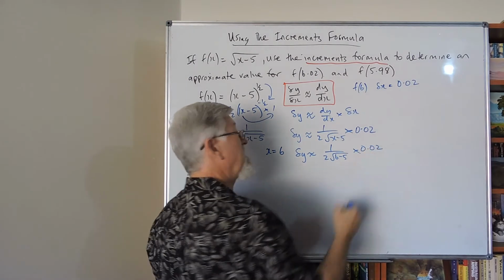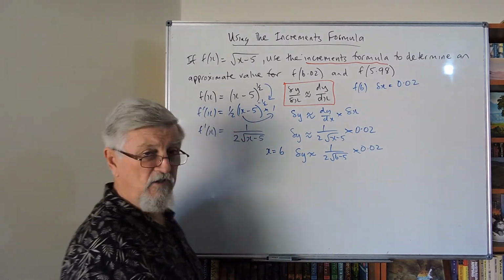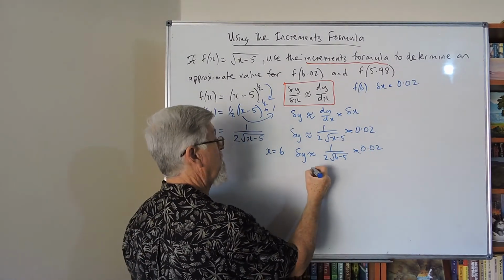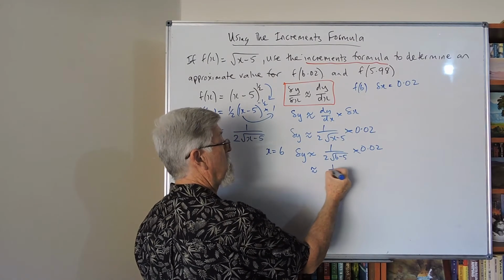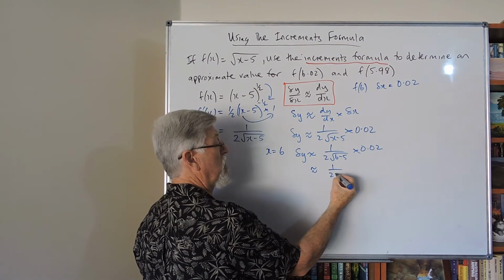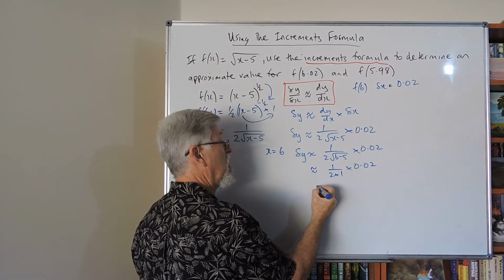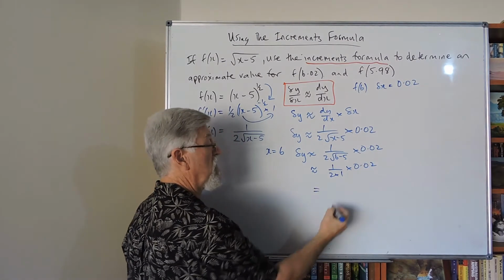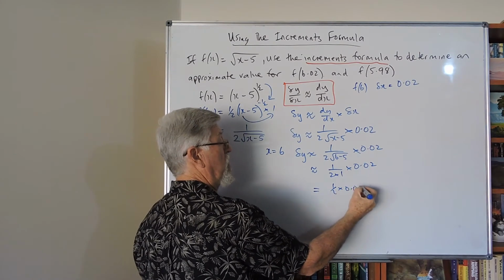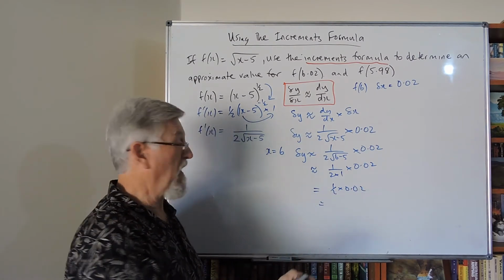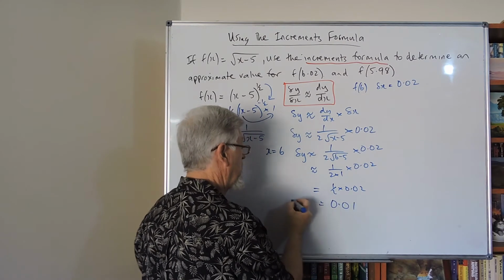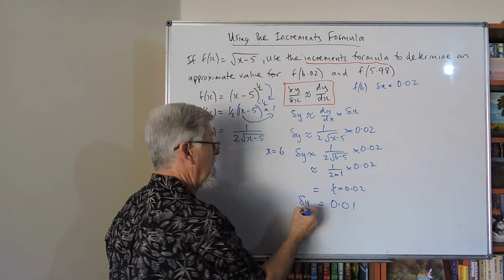You can see how easily this could go into a non-calculator section if you get nice numbers. And the small change is, in this case, 1 over 2, the square root of 1, which is 1, times 0.02. So what have we actually got? This calculation becomes a half times 0.02, and a half times 0.02 is 0.01. So our small change in y is that.